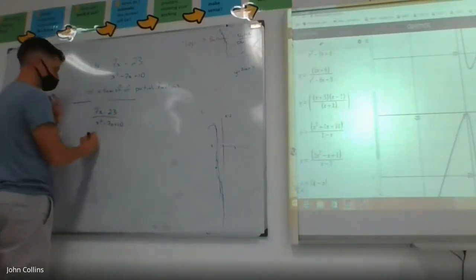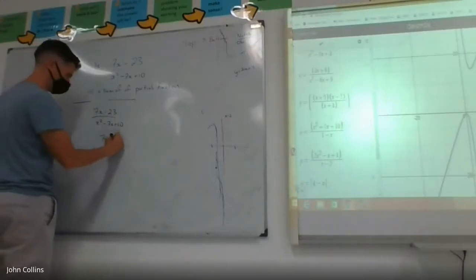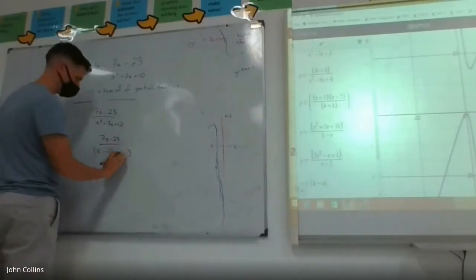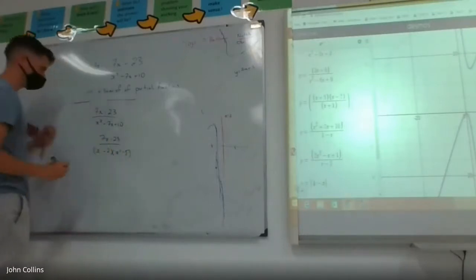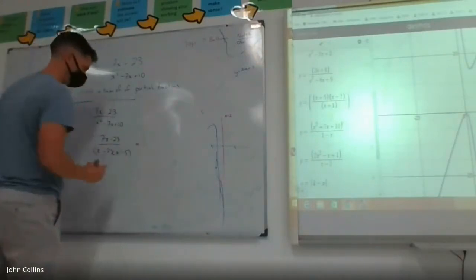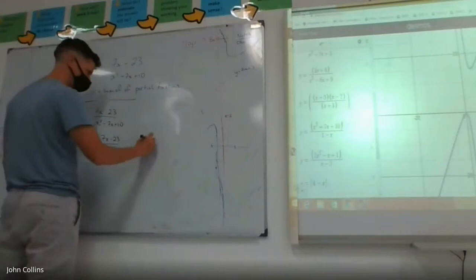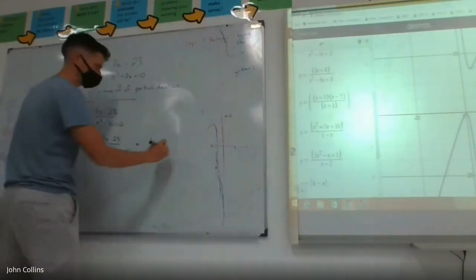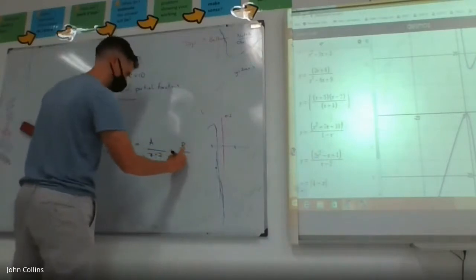Okay, so let's factorize the denominator. And we want that now to equal something over x minus 2 plus something over x minus 5.